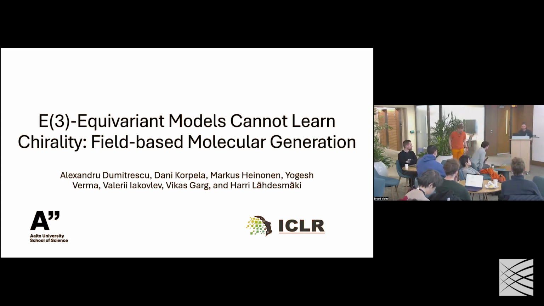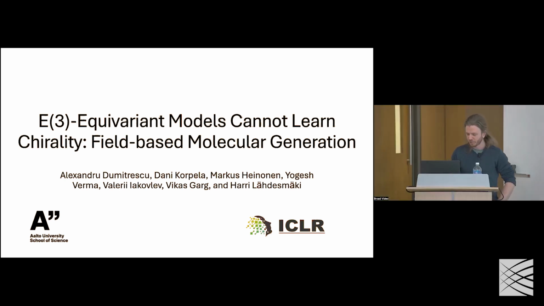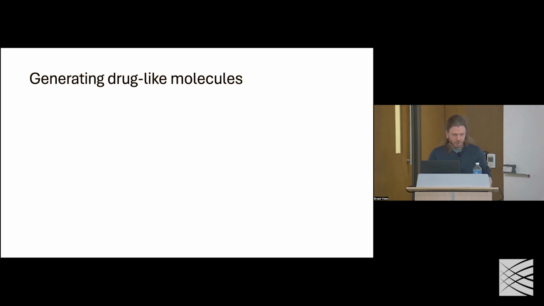Hello. Yep, I am Alexandru Dumitrescu, and I will continue by presenting one of our recent works published this year at ICLR, entitled E3 equivariant models cannot learn chirality, field-based molecular generation. So I will briefly recap what Dani said.